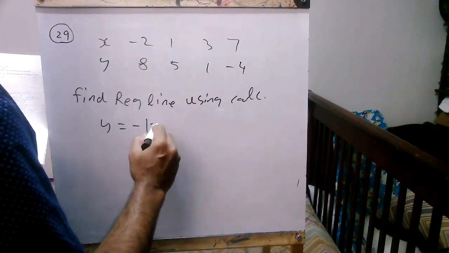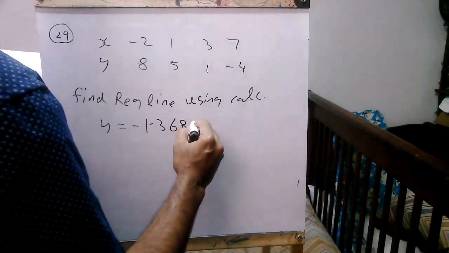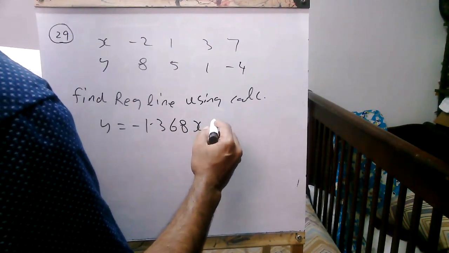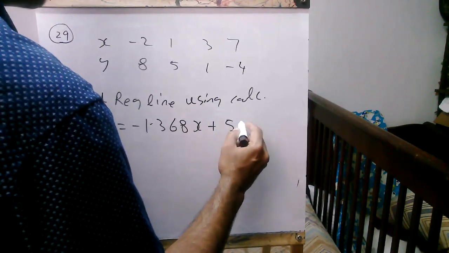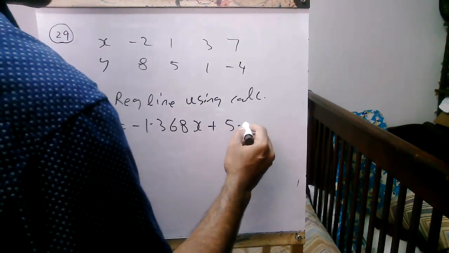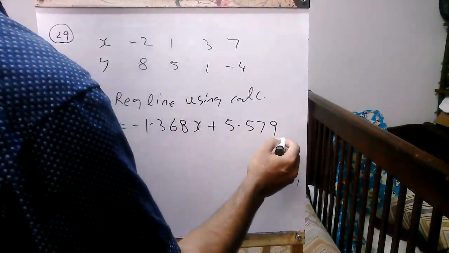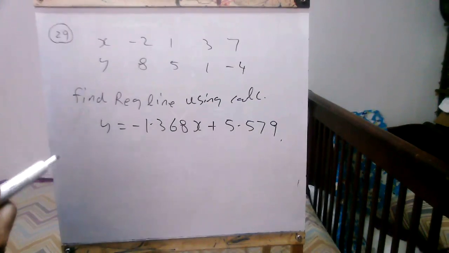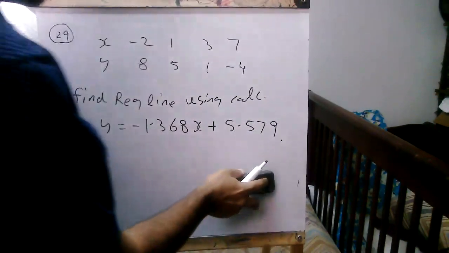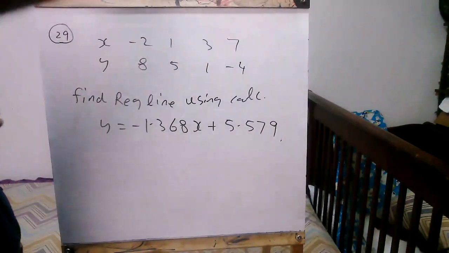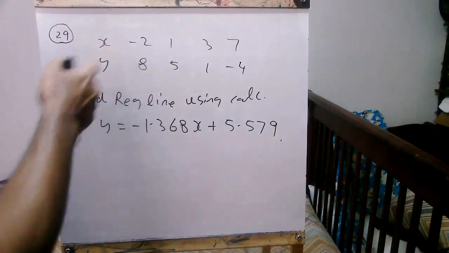-1.368x plus 5.579. Right, now we do this in either one of the classes or in one of the videos, how to find the regression line.